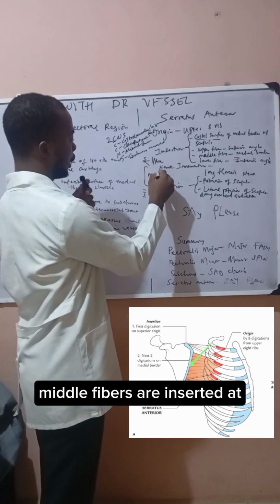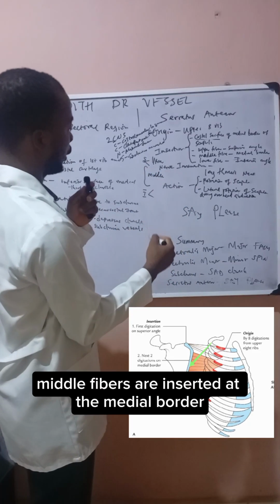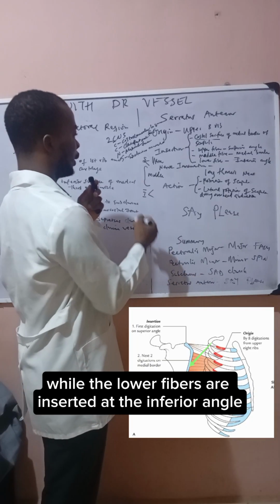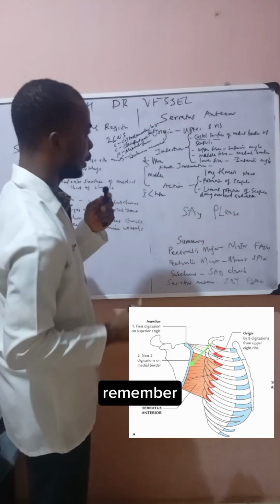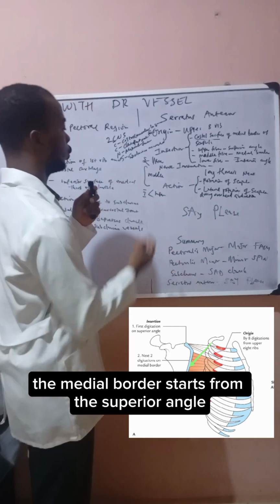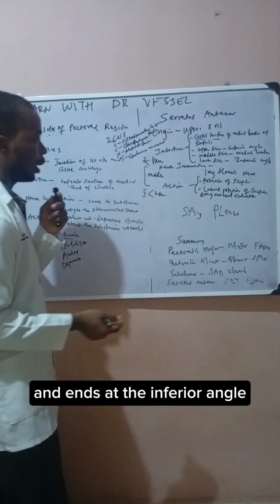The middle fibers are inserted at the medial border, while the lower fibers are inserted at the inferior angle. Remember, the medial border starts from the superior angle and ends at the inferior angle.